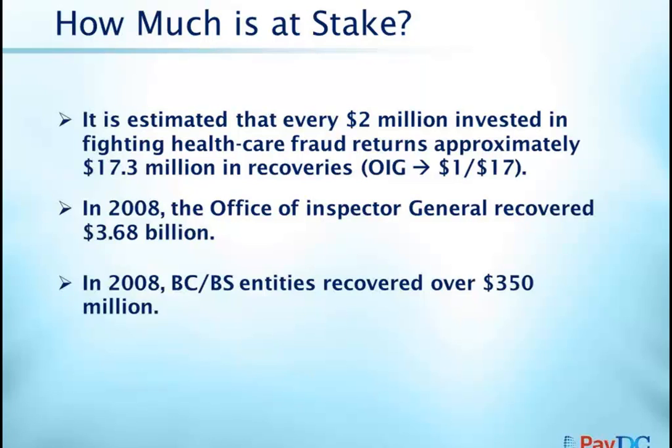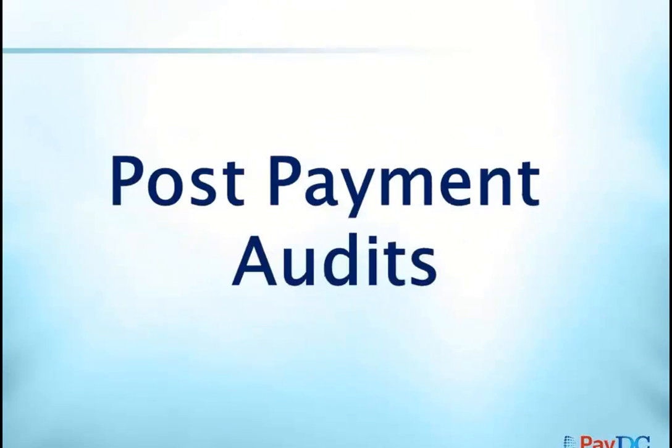So it's good business sense to fight fraud and abuse, okay? And what does that mean? Well, they're doing a lot of post-payment audits. When they find out that it's good business to audit providers, it becomes really good from a business perspective. So that's why we're seeing a lot of these post-payment audits cropping up.